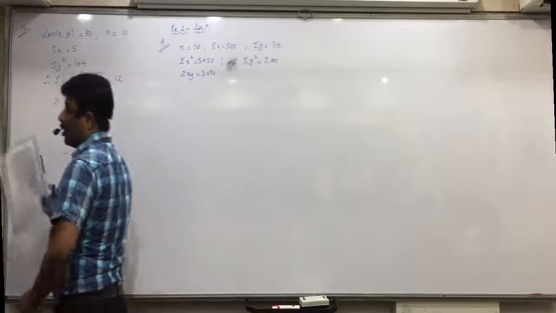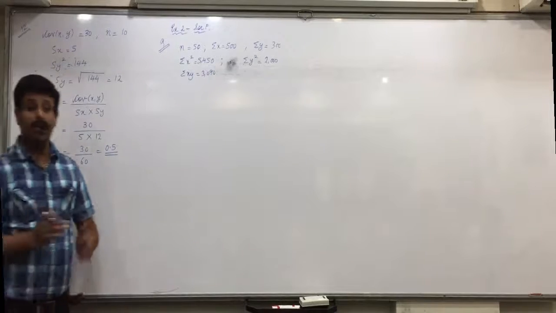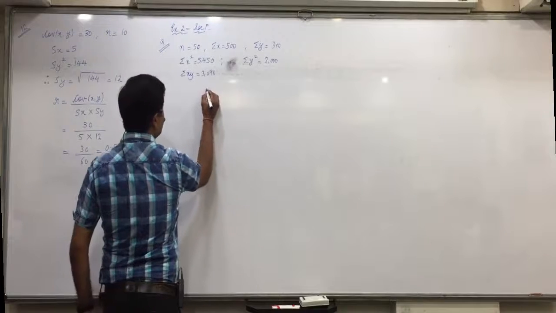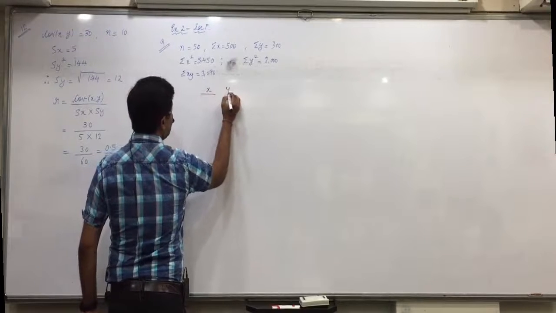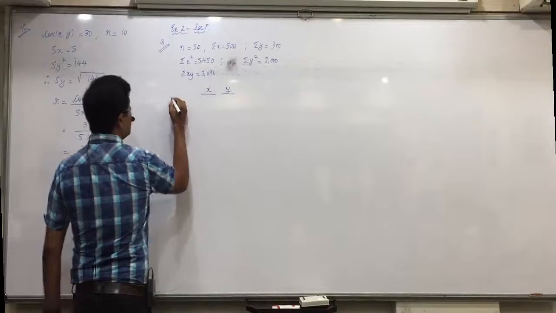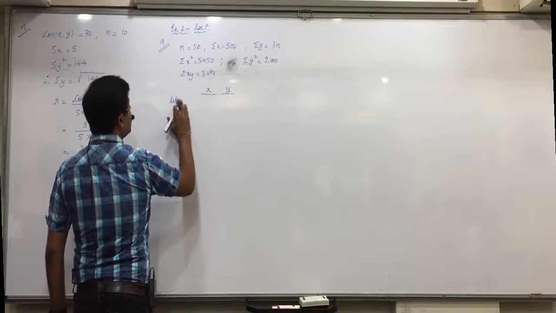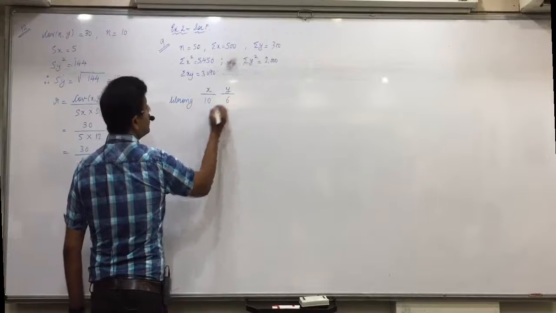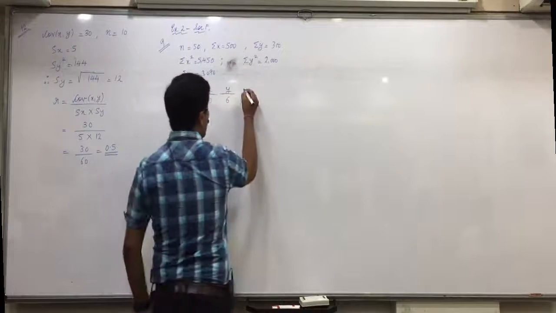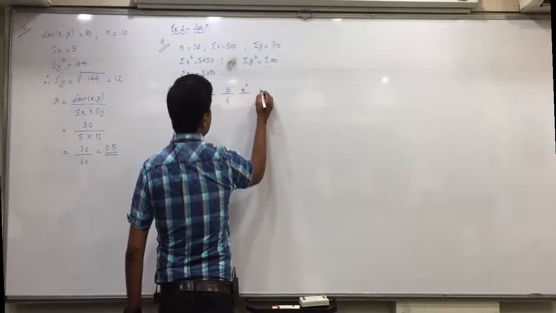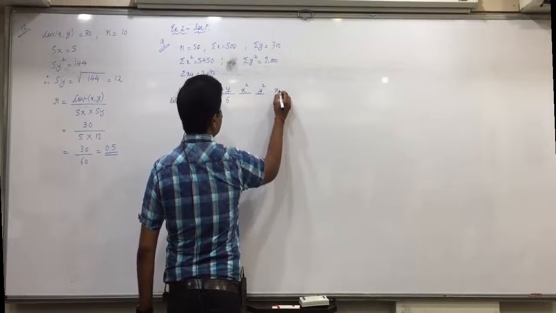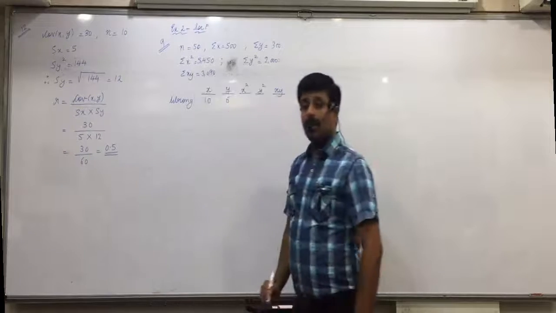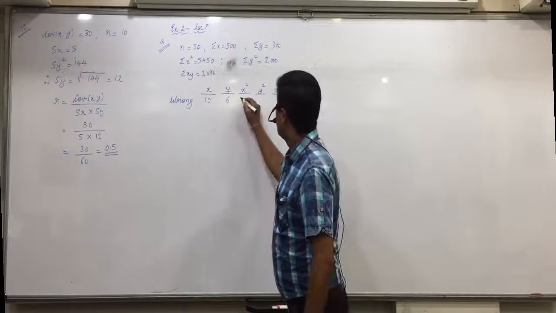Now see, the things will become simple when you write this one table, x and y. What is the wrong value included by mistake? 10 and 6. Now what workings we used to make x square, y square, xy? What will be x square? 100.